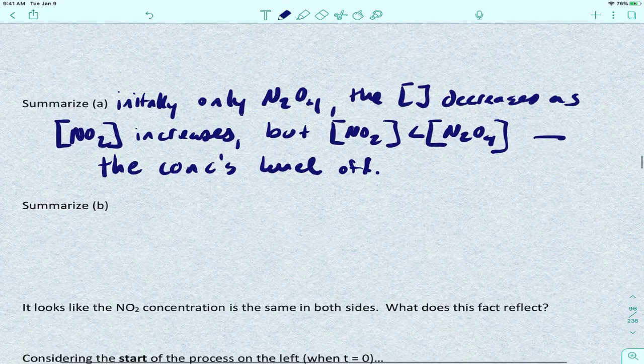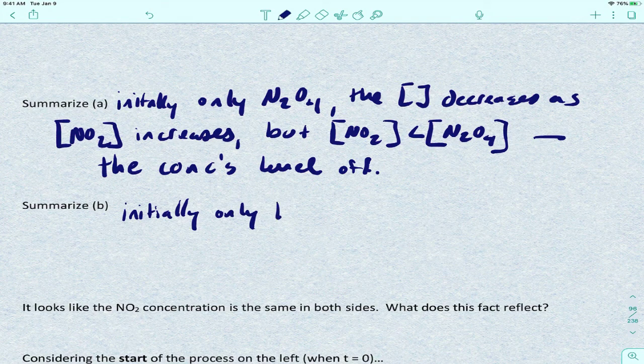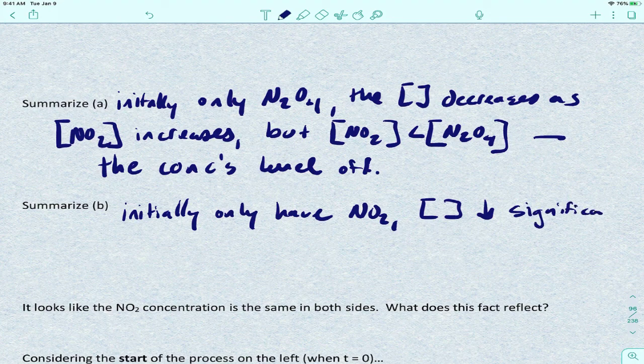Now for graph B, you initially only have NO2. And we see that the concentration decreases pretty quickly, significantly.